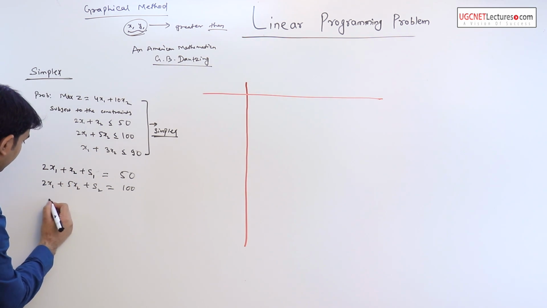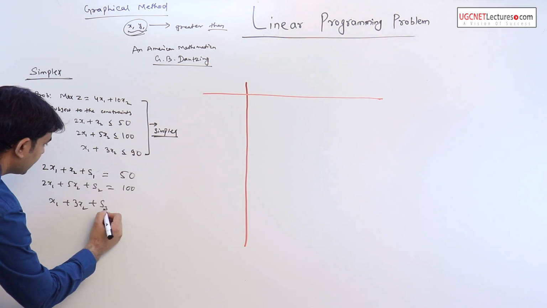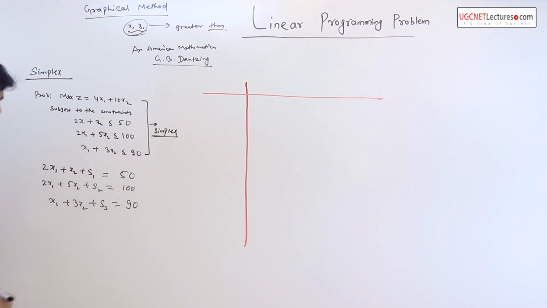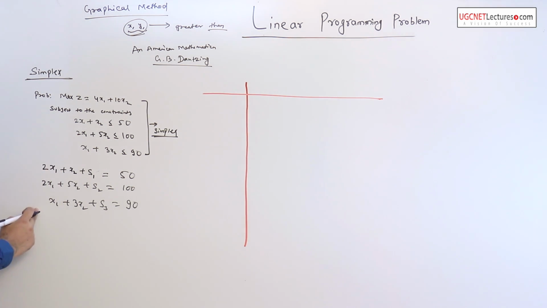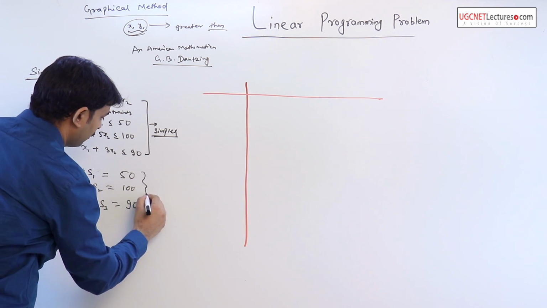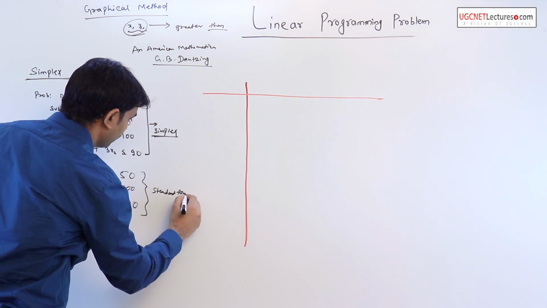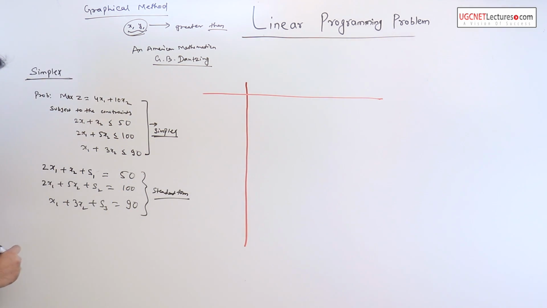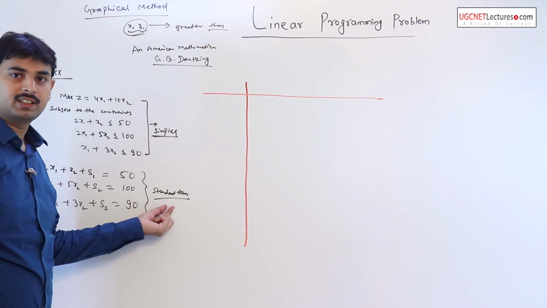Similarly, in the third, x1 plus 3x2 plus s3 is equal to 90. Now this is the canonical form in its standard form. So the first step is you have to write the problem in its standard form.